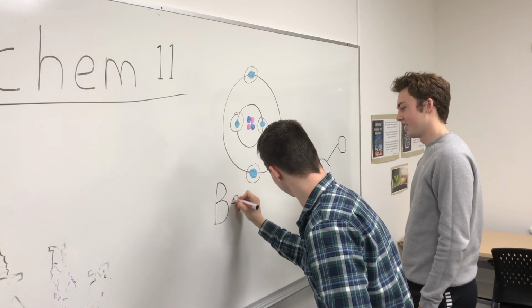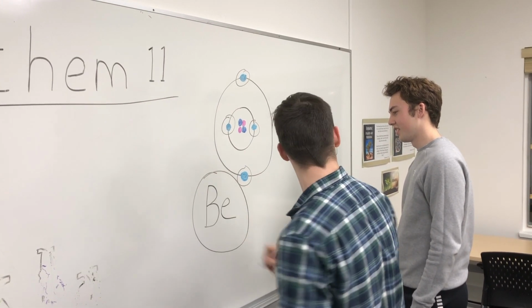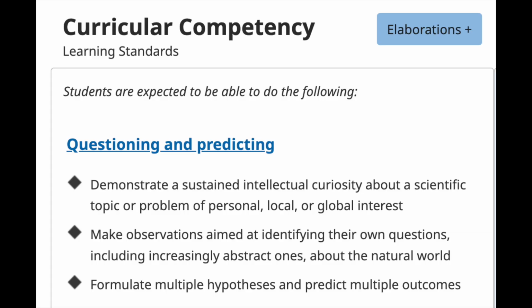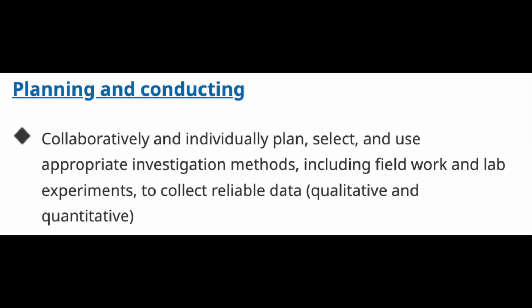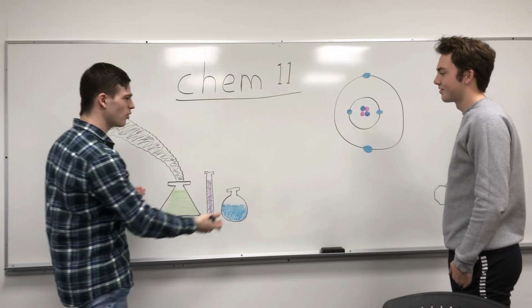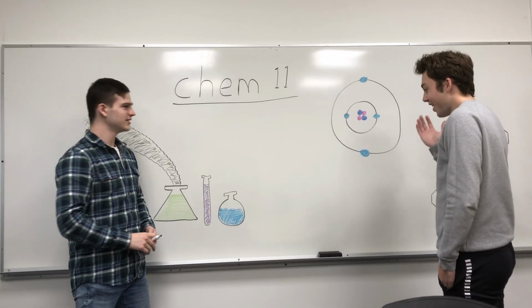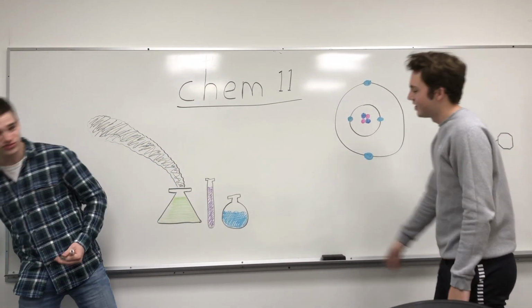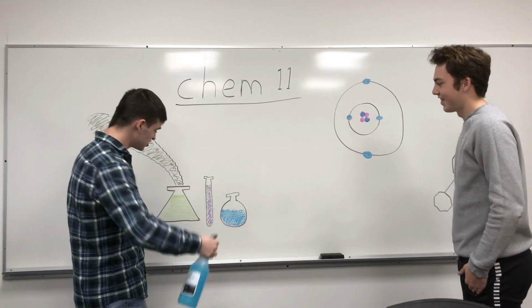For example, the teacher could address all three of the curricular competencies mentioned earlier, make observations aimed at identifying their own questions, including increasingly abstract ones about the natural world, formulate multiple hypotheses and predict multiple outcomes, collaboratively and individually plan, select, and use appropriate investigation methods, including fieldwork and lab experiments to collect reliable data, while also including these in an activity about the solubility of molecular and ionic compounds.